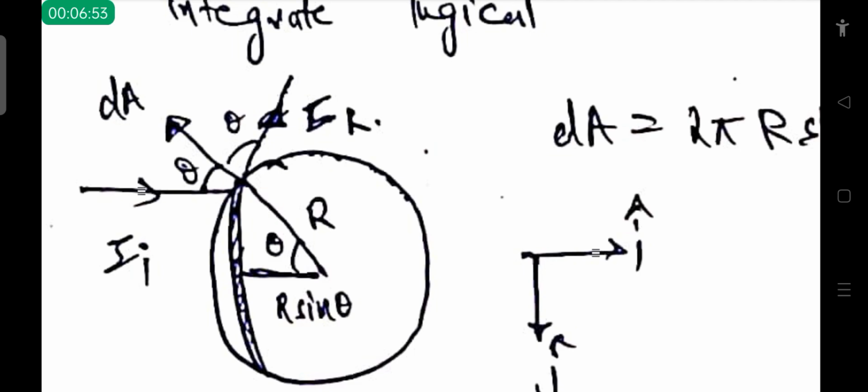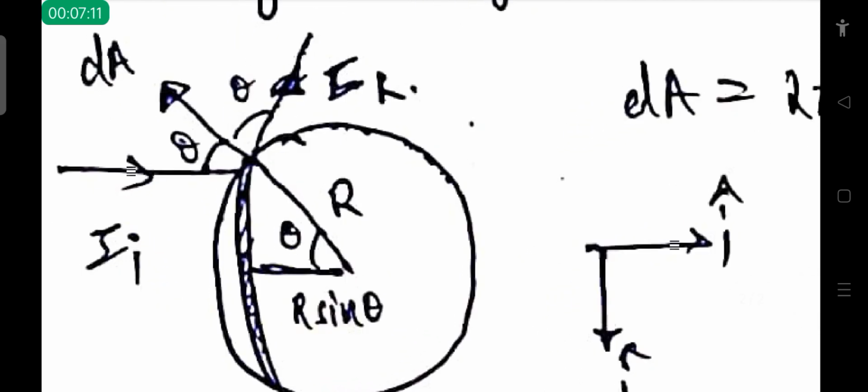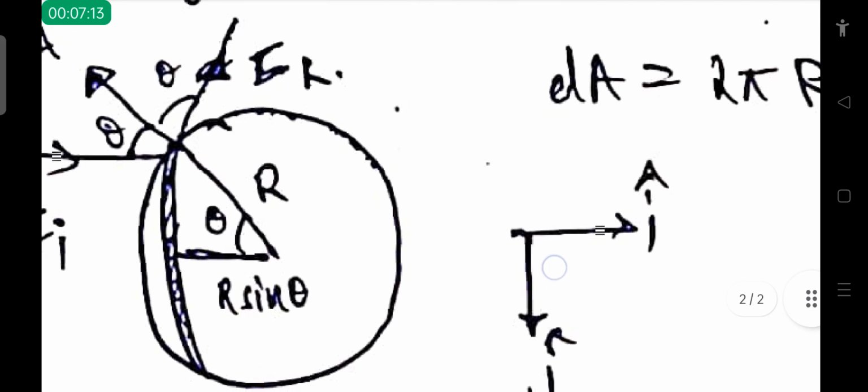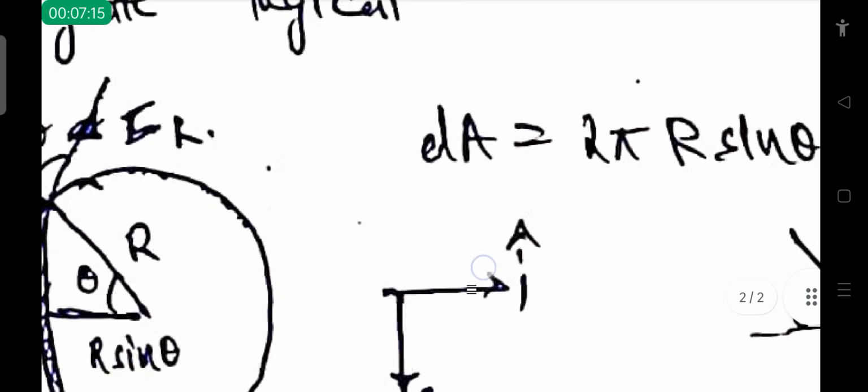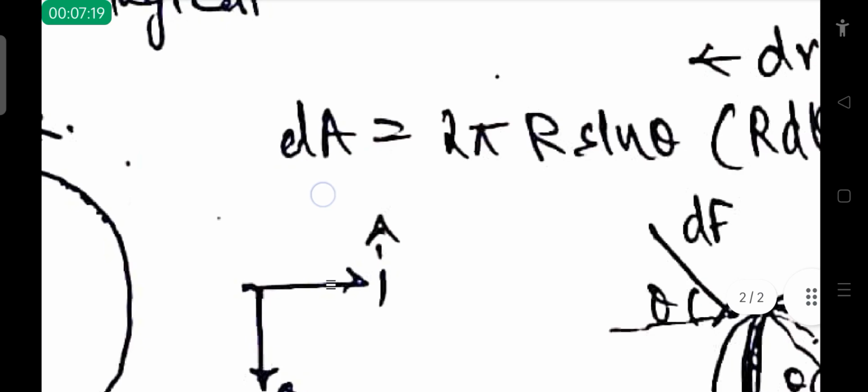So if a light ray makes an angle theta with the dA vector, it will get reflected at an angle theta with respect to the dA vector. So the dA vector acts as the normal here. Now here we can write dA as pi (r plus dr) whole square minus pi r square.